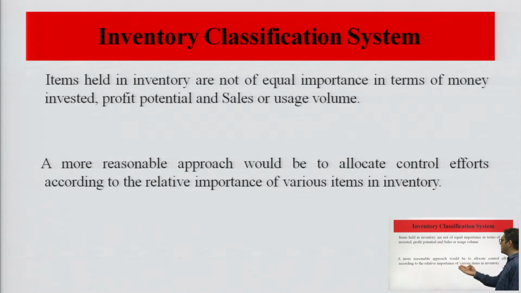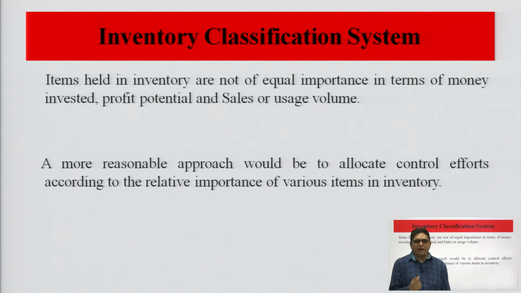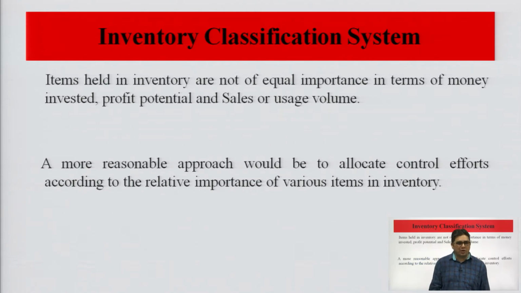A more reasonable approach would be to allocate control efforts according to the relative importance of various items in the inventory. So, we are expected to devote more control toward those products which are contributing maximum to the organization, or contributing highest toward the development of the organization.